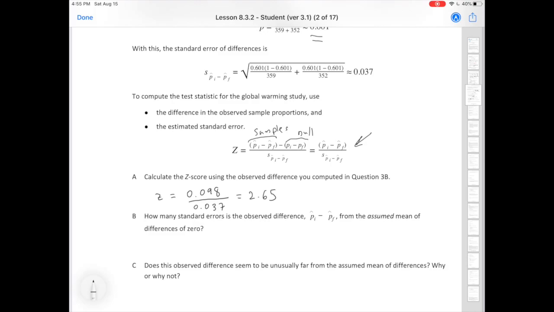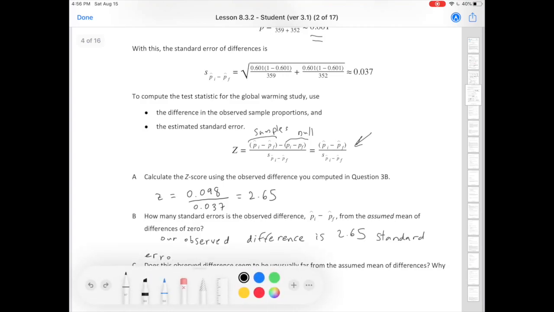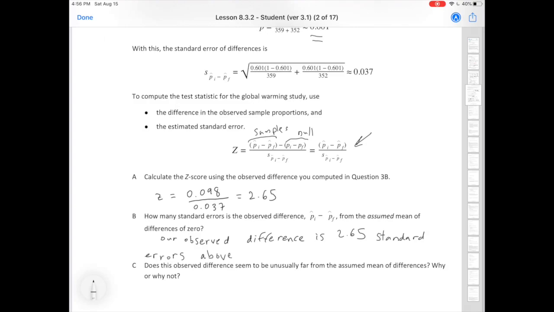So our observed difference is 2.65 standard errors above the assumed mean of 0.